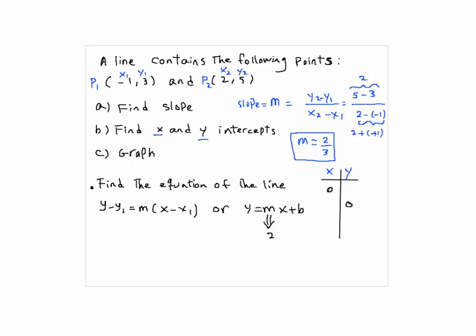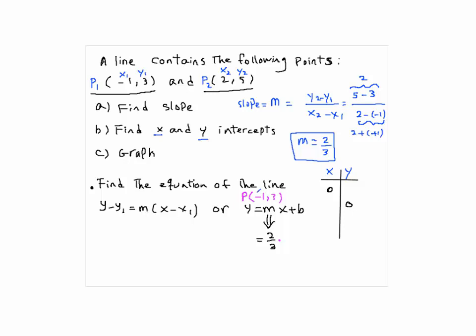The slope is 2/3, and if I use any of these 2 given points and call it point P. Let's pick the first one, call it point P. Then the first number here would be your x.